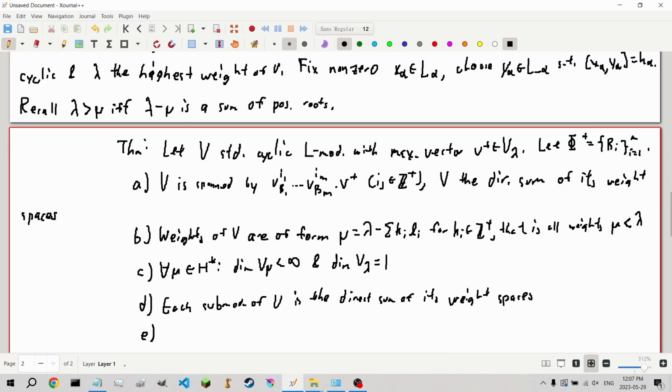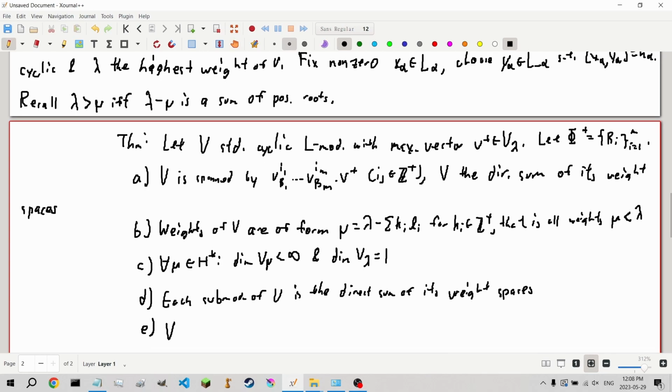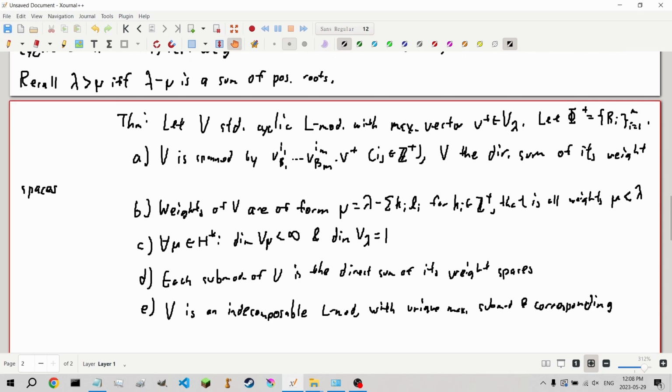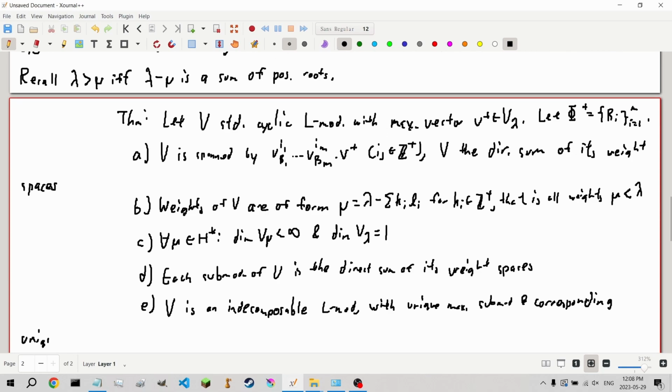Part E, V is an indecomposable L module with unique maximal submodule and corresponding unique irreducible quotient.